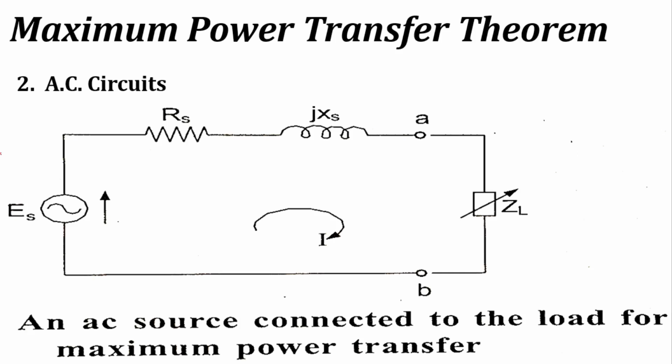Now consider the AC circuit. The difference is that now the source has resistance plus reactance, and also the load has both resistance and reactance. So let's derive the condition for maximum power transfer for an AC network.